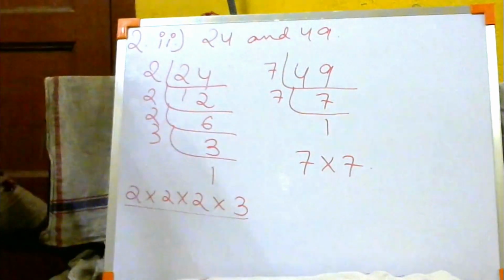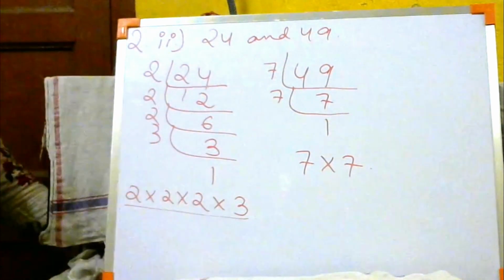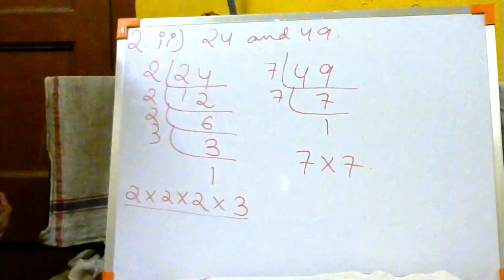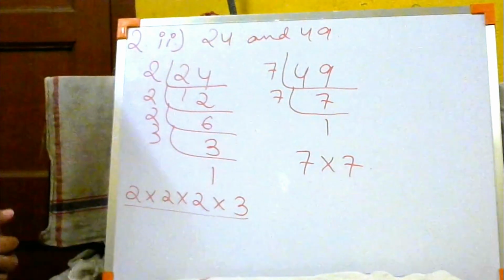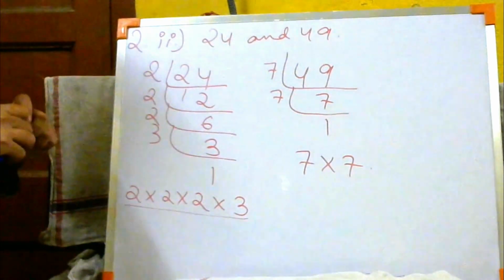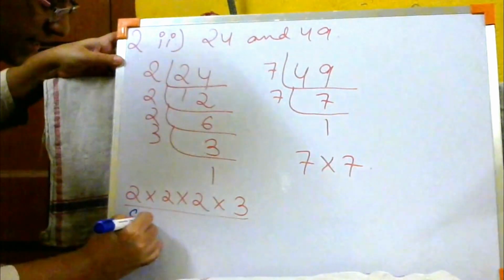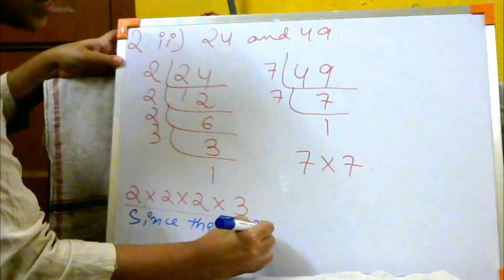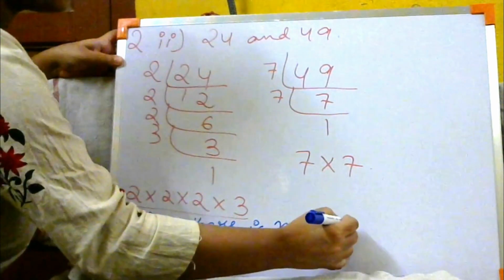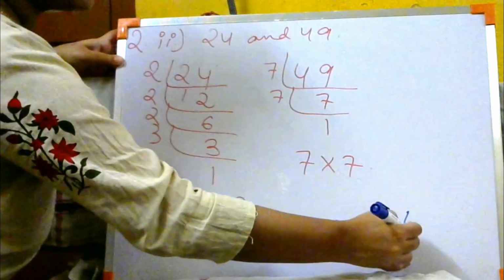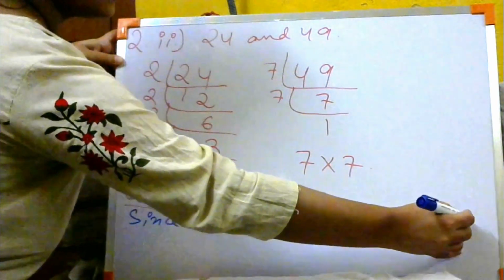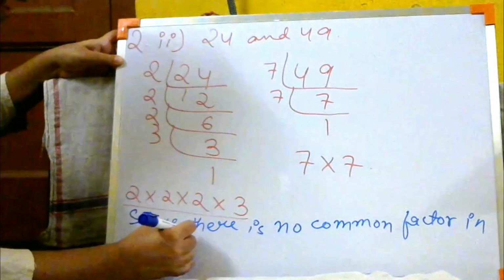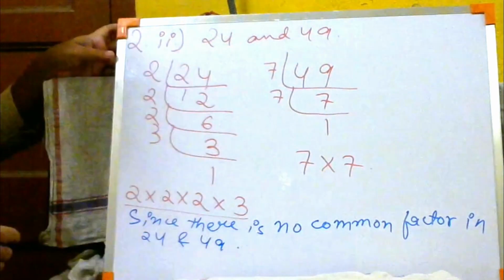So when there is no common factor, then how will you find out the HCF? So we are going to write it like that. In the last line we are going to write the answer like this. Since there is no common factor in 24 and 49, I hope you people can see it.